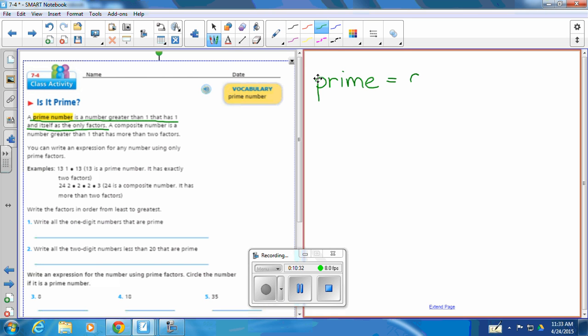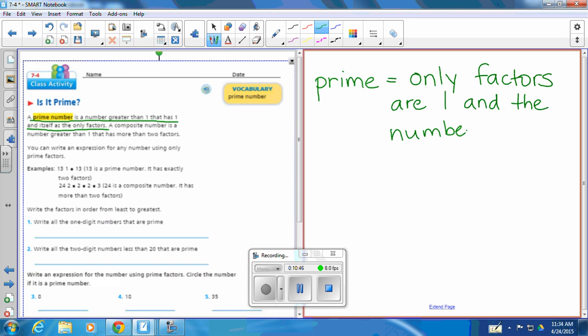So the only factors are 1 and whatever the number is. We could use X to fill that in if we want to. We need to know what a factor is in order to understand this definition. Remember, a factor is one of the numbers in a multiplication problem.